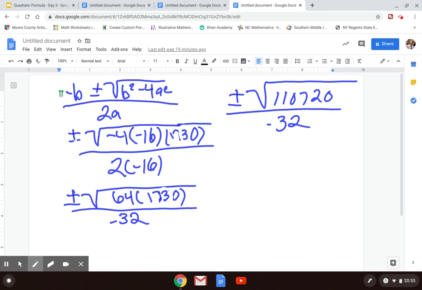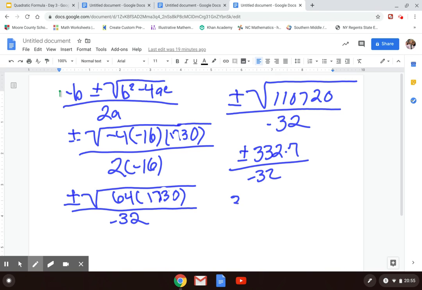Okay, so when I find the square root of 110,720, I have plus or minus 332.7 divided by negative 32.